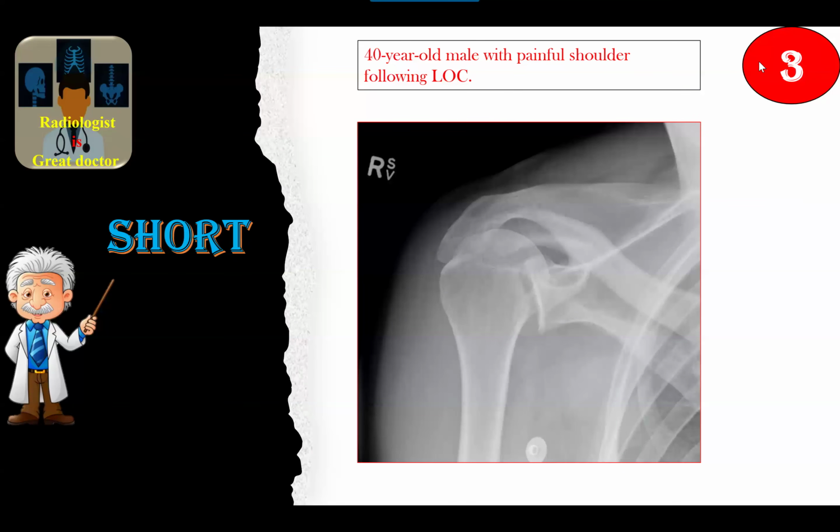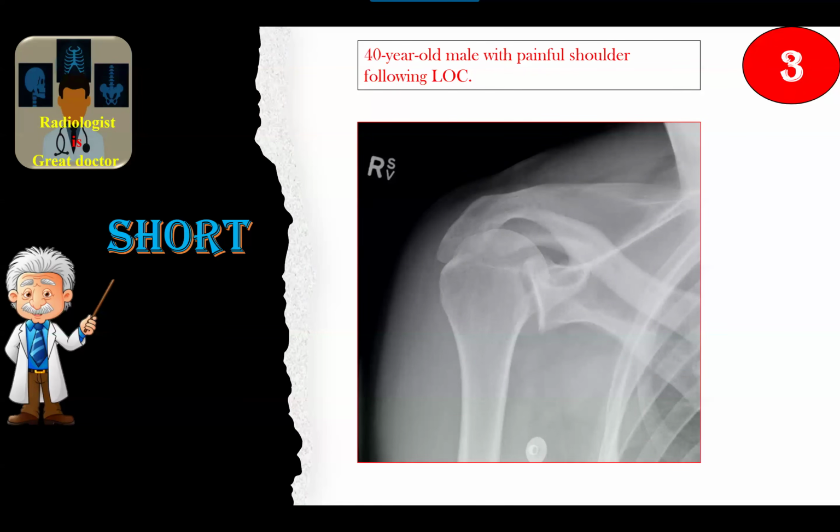Okay. This is case number three. Sir, should I present it? X-ray right shoulder frontal projection of a skeletally mature patient, and in this X-ray, I can appreciate that there is displacement of the humeral head. What is this view?